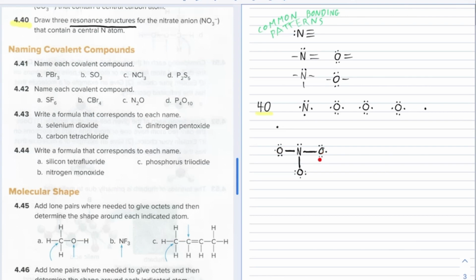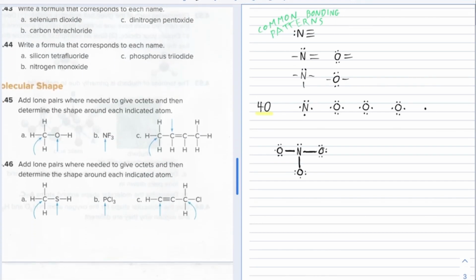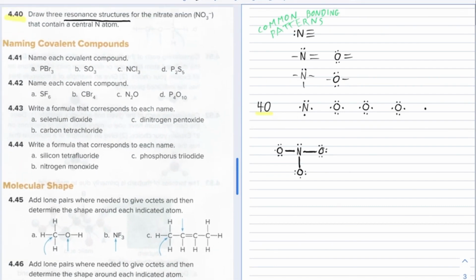Looking at this oxygen, 1, 2, 3, 4, 5, 6, 7. So they all got 7. They could use another electron. You only got 1 more. So let's just take it and move it over to, say, the oxygen on the right.